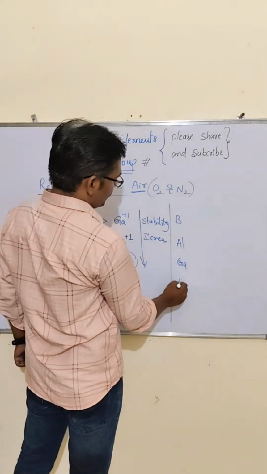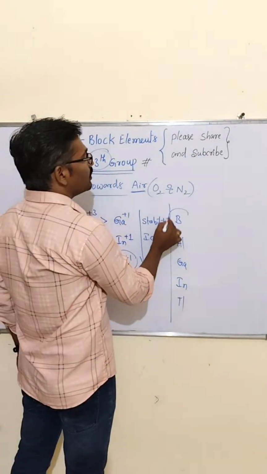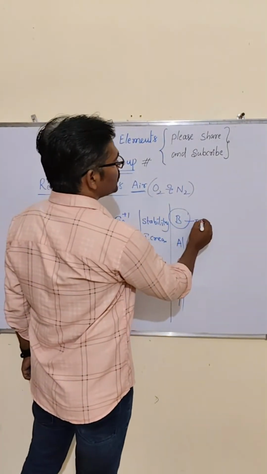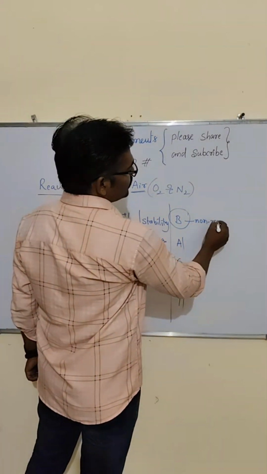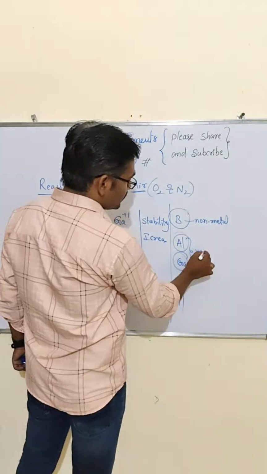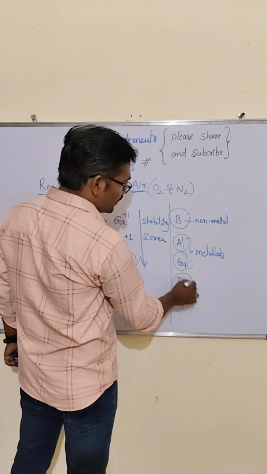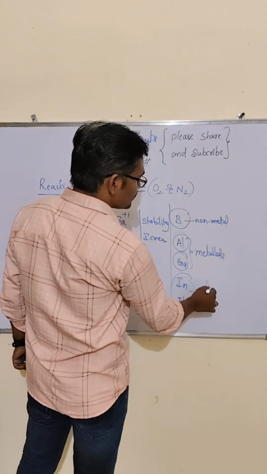Next, when we are discussing the oxides of all these: boron, aluminum, then gallium, then indium, then thallium. Boron is a non-metal. Then aluminum and gallium are metalloids, and indium and thallium are metals.